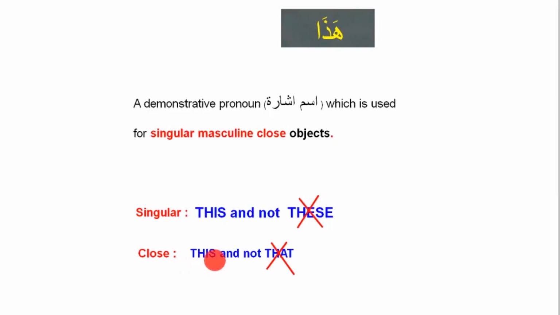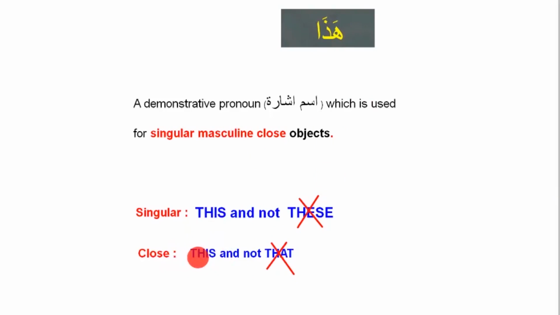But if the house is at a far distance from where you are standing, you say that is a house. You don't say this is a house. I hope that is clear. So that's why we say close. It is not that. Haza is not that. So it is used for close. This.